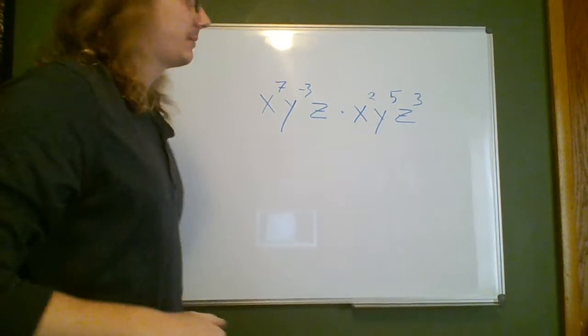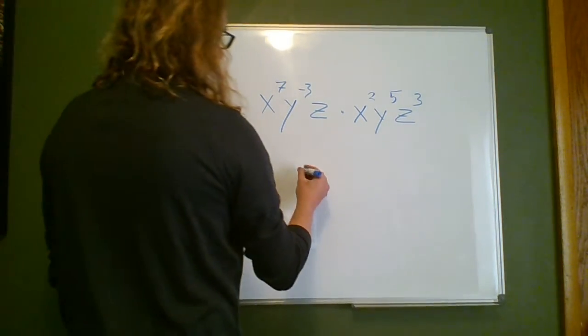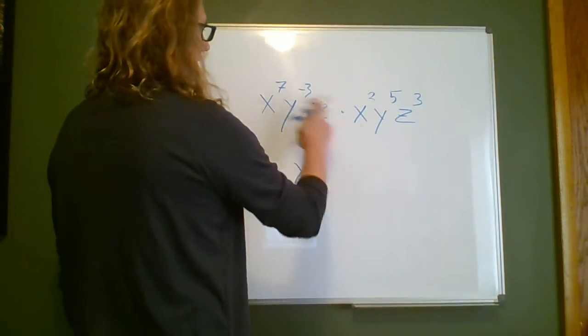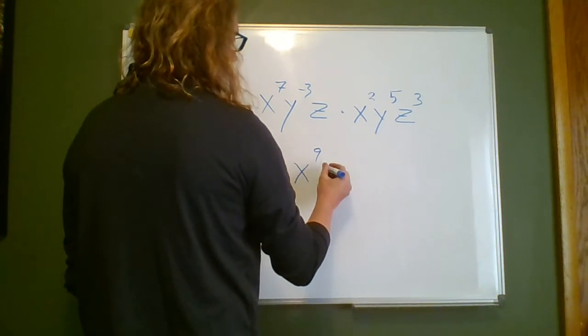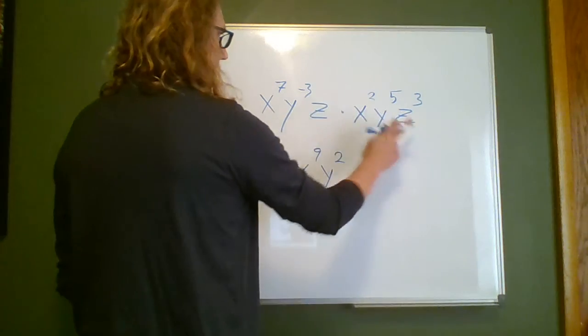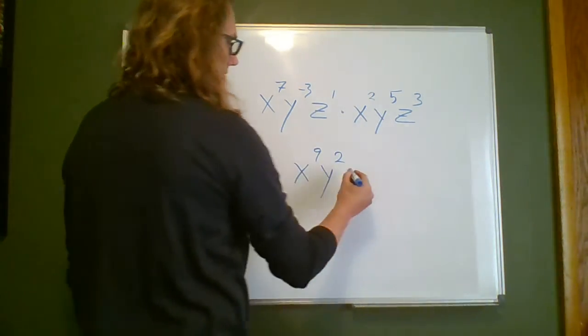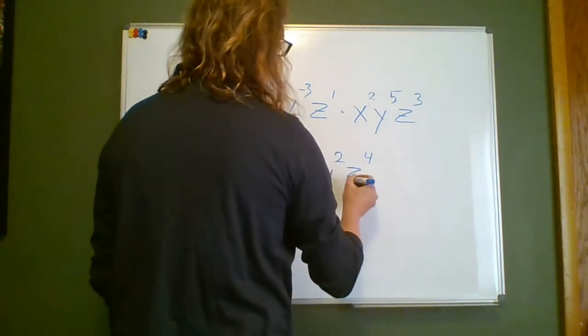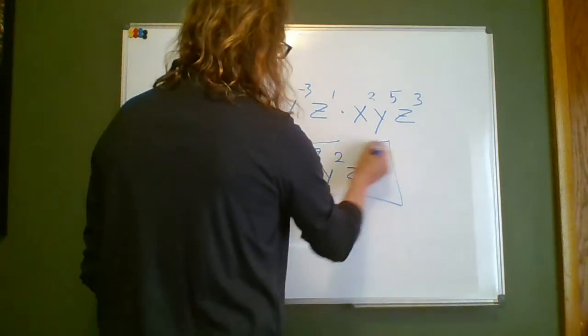And here we go. Let's talk about it. Let's deal with our x terms. x and x, 7 plus 2 is x to the 9th. Negative 3 and positive 5 will be y squared. And remember, that's a z to the first, so that'll be z to the 4th power.